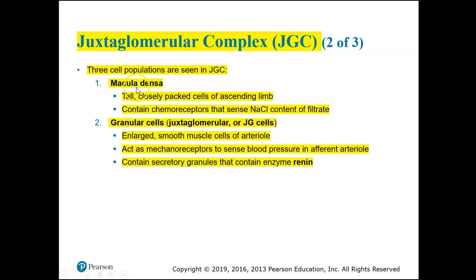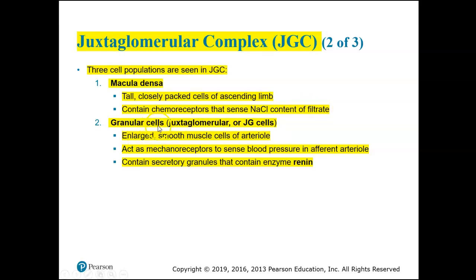The cells are called the macula densa. These are tall, closely packed cells of the ascending limb of the nephron loop, and they contain chemoreceptors that sense the salt concentration of the filtrate.